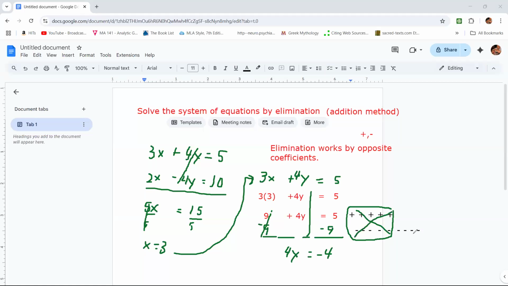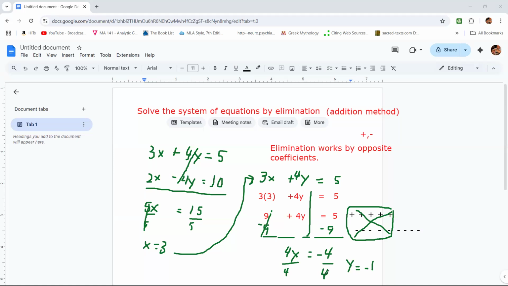We have 4 negatives left. If we divide this by 4, solve for y, we get y equals -1.